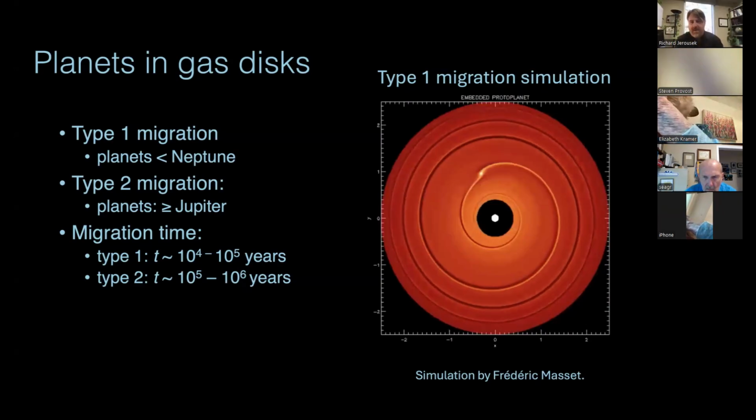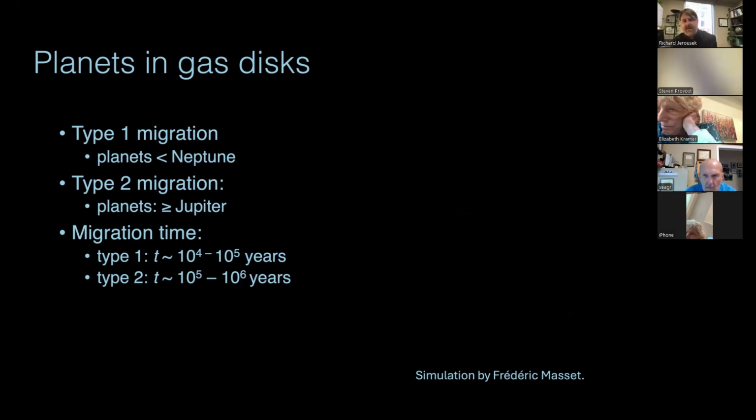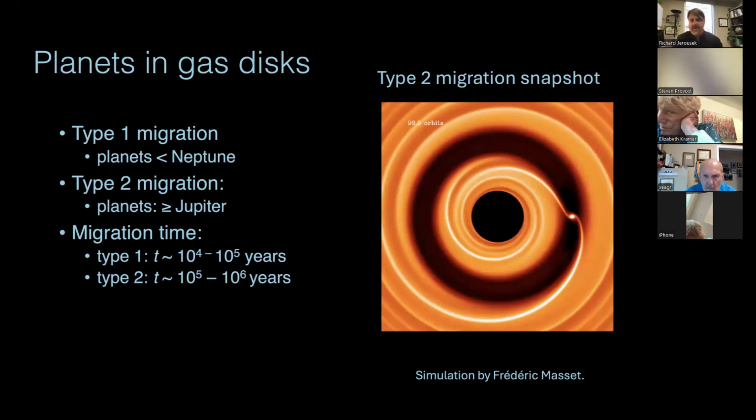But another thing that can happen is called type 2 migration. Type 2 migration happens for bigger planets, something that's as large as Jupiter, for example. I'll explain the physics of it in just the next slide. But what happens is the planet is big enough to clear a gap in the disk itself.